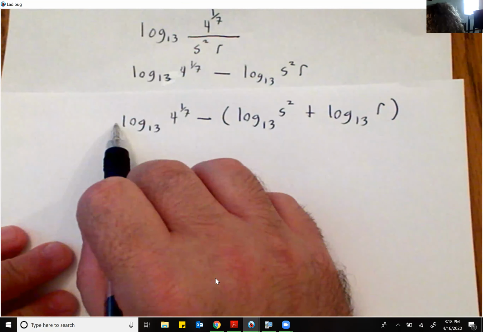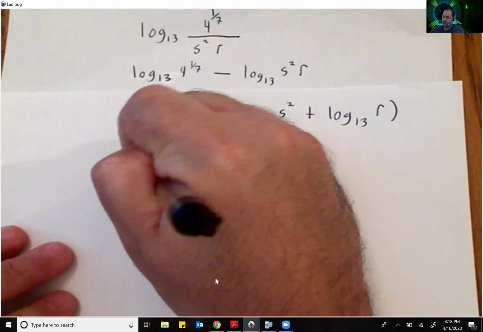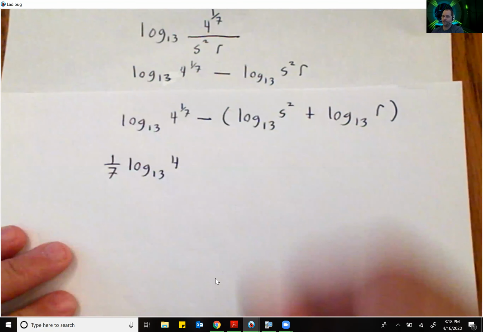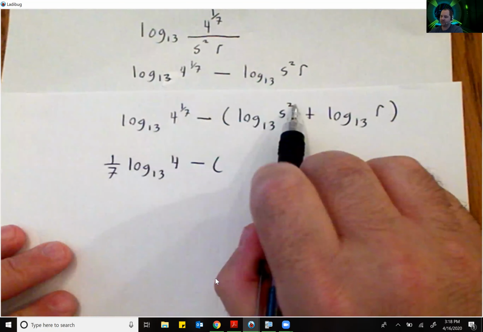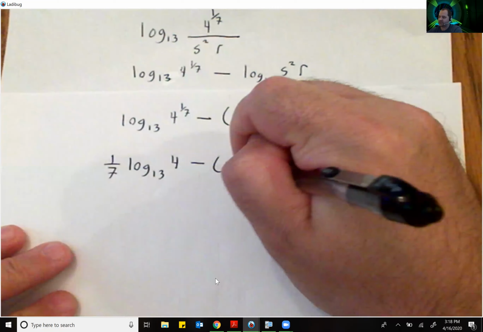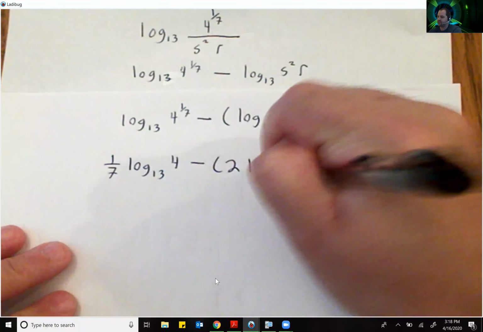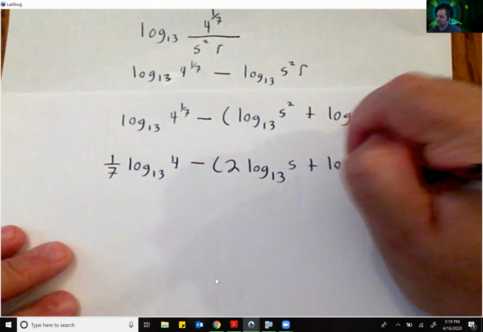So you have 1/7 log base 13 of 4, minus, there's a power, so that's going to shift to the front, 2 log base 13 of s, plus log base 13 of r.